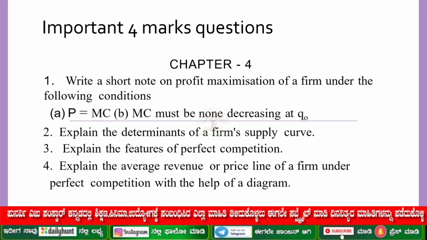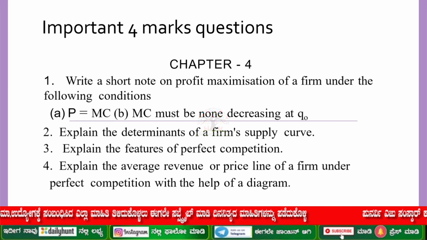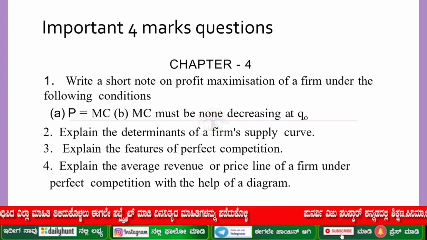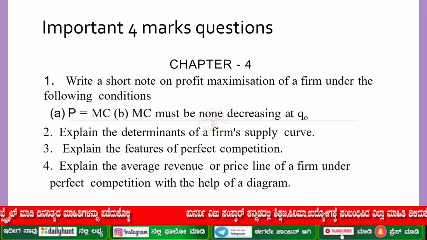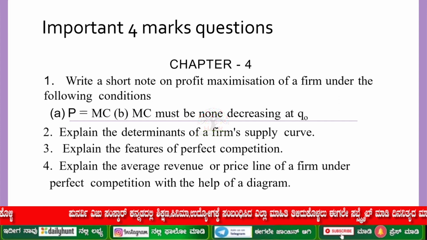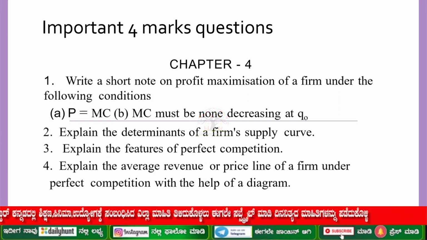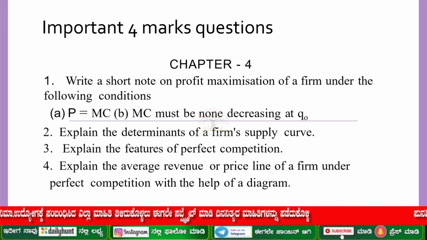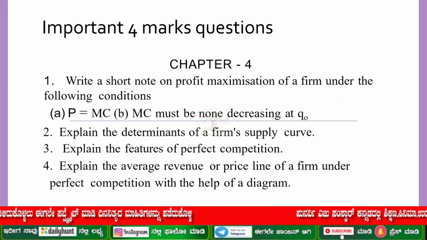And important 4-mark questions from 4th chapter, that is theory of the firm under perfect competition. From this chapter, you can expect one 4-mark question. Here you can see the question, that is profit maximizing condition. 2 conditions you need to explain: P equal to MC and MC must be non-decreasing.